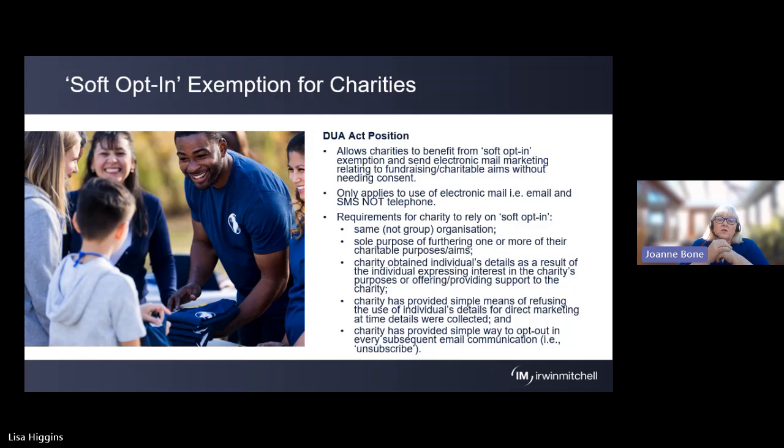You have to give the ability to opt out at the point at which personal data is collected, and also you need things like an unsubscribe option in emails. It's probably also worth noting that it does relate to essentially electronic mail, which for the purposes of this is email and SMS. It doesn't relate to telephone.